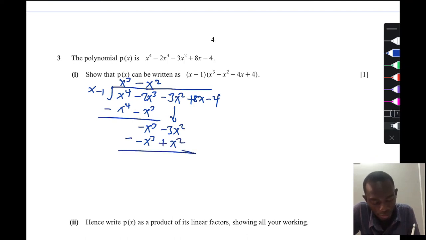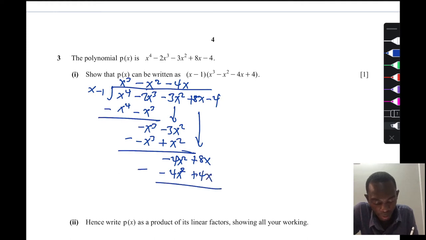You subtract. First part is 0, second part is negative 3 minus 1, and that's negative 4x squared. Drop the 8x down. x will go there, negative 4x. Then you multiply, you have negative 4x squared, and then you have plus 4x. You subtract, first part is 0, so you have 4x.